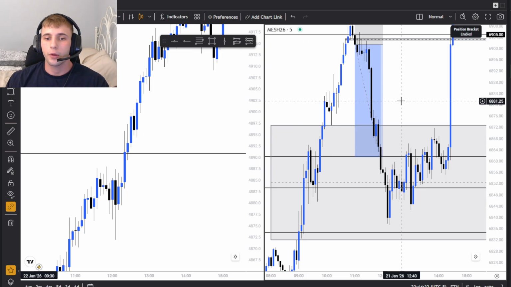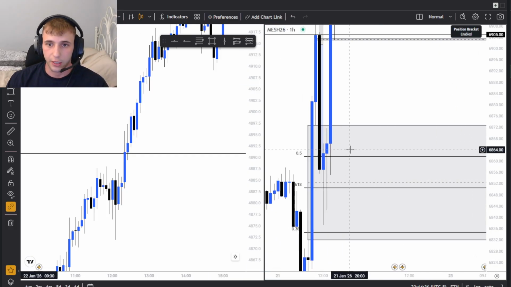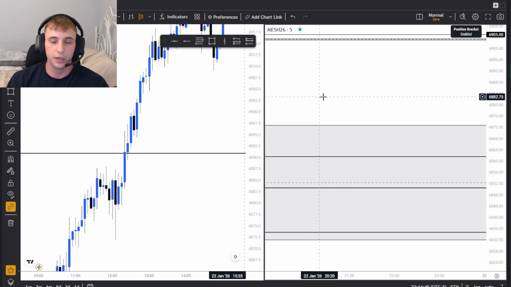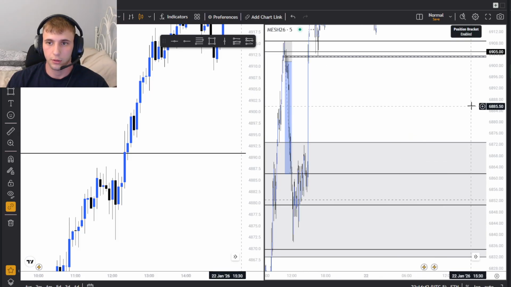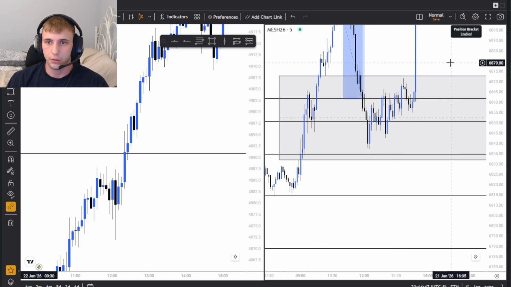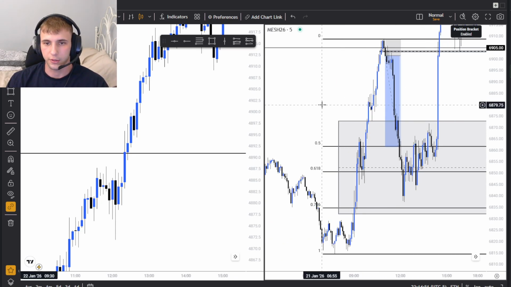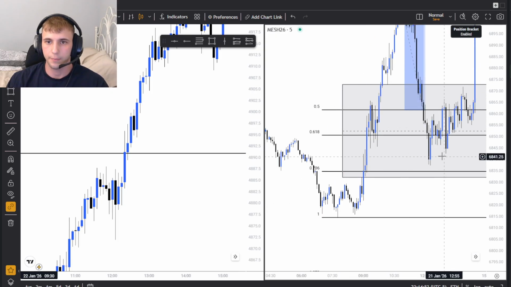Now, more likely than not, what happens is there is a fair value gap that you can base this off of, and you can actually use these in combination, right? How do you go about using these in combination? Okay.